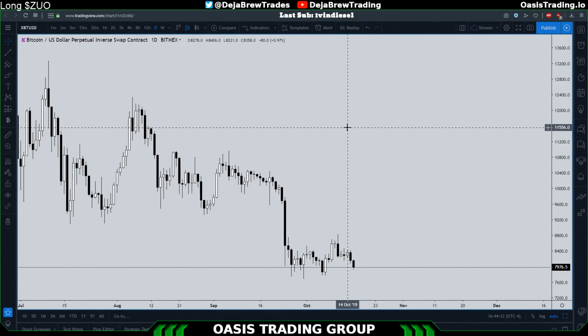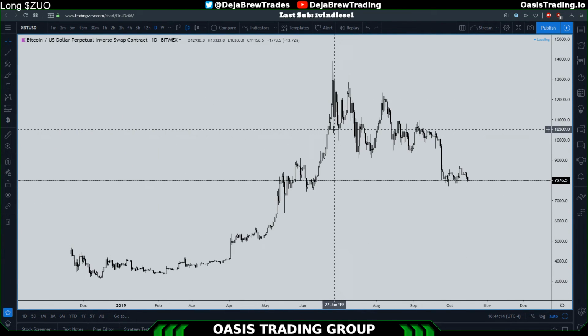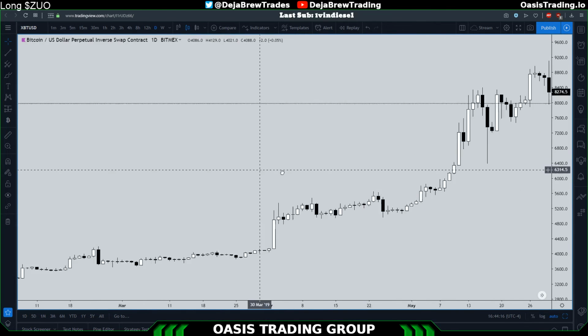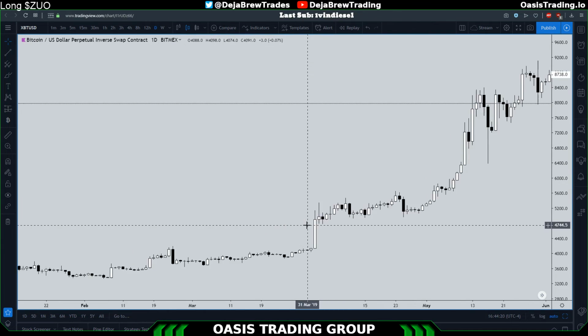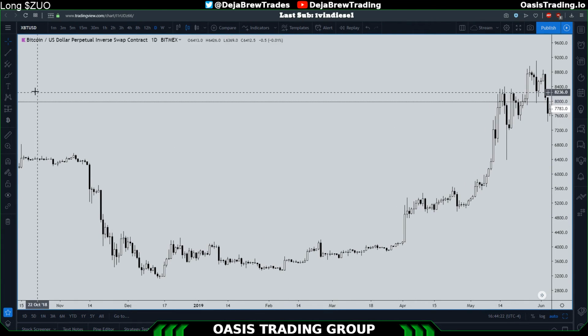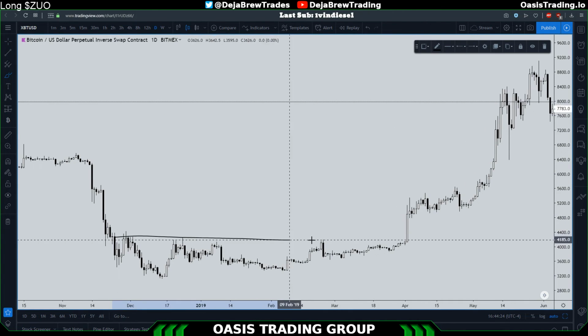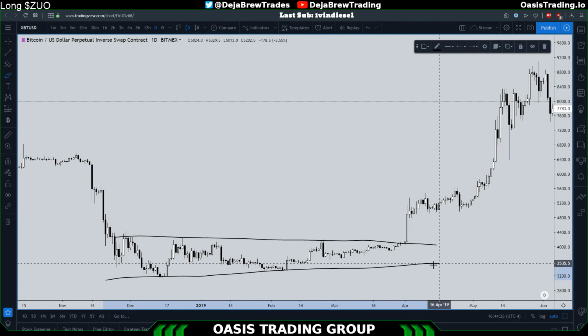Another thing are first pullbacks. So let's see. Okay, like here. If you have a massive downtrend or a massive range, let's just say this is a range.